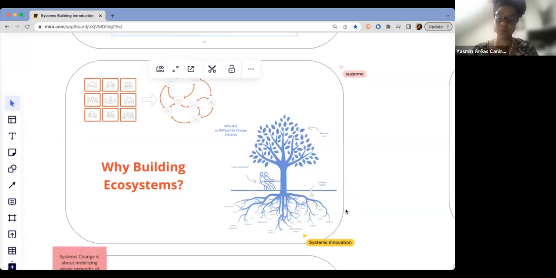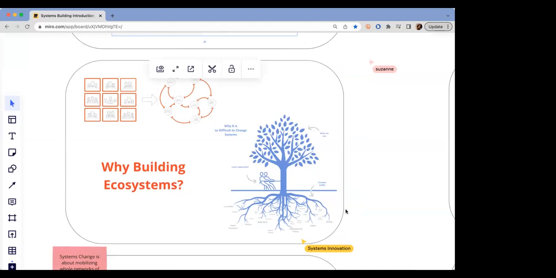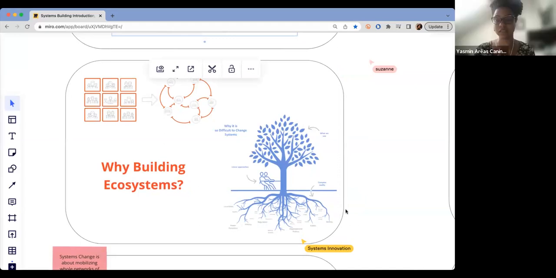And a very important point here as well that she mentioned was that wicked challenges are creating these ecosystems, building ecosystems in order to tackle wicked challenges. So I'll just pass it over to Joss, sorry, so we can start exploring this idea of why building ecosystems. So over to you, Joss.